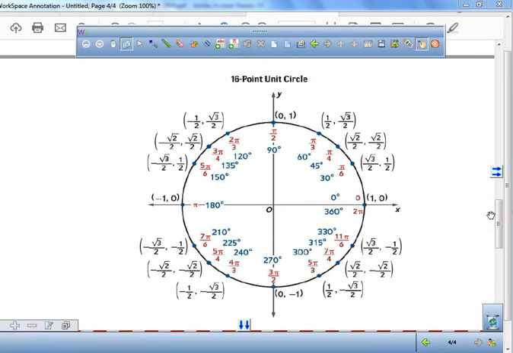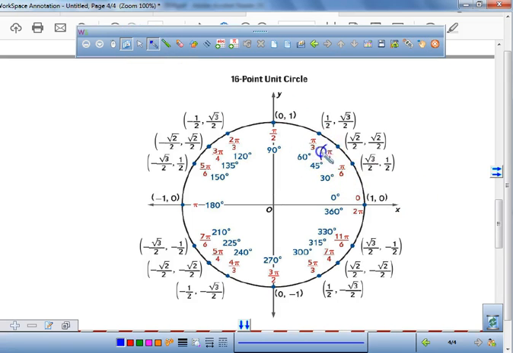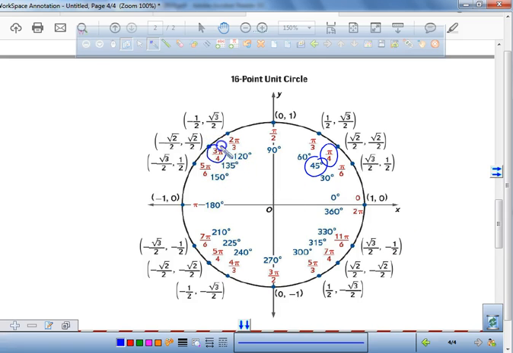Because what did I say pi over 4 was equal to? I said pi over 4 is equal to 45. Look at that. Right here. Pi over 4 is 45 degrees. What did I say 3 pi over 4 was? That was 135. So if 3 pi over 4 is 135, then negative 3 pi over 4 would be?